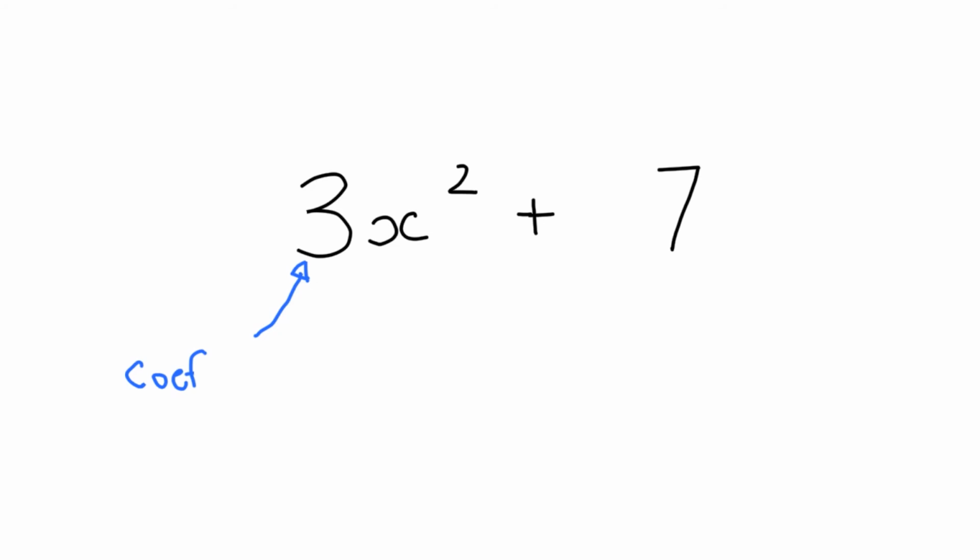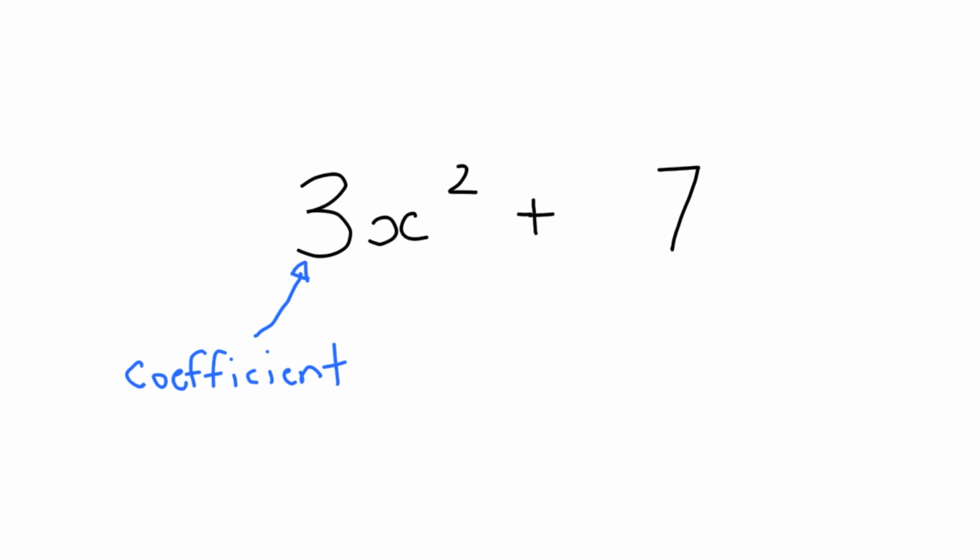Now we're going to go over the parts of a polynomial. Different parts have different names. So our example is going to be 3x squared plus 7. So this is a polynomial. It's a binomial. It has two different terms. And we have to know some of the names. The number that's in front of a variable is called the coefficient.